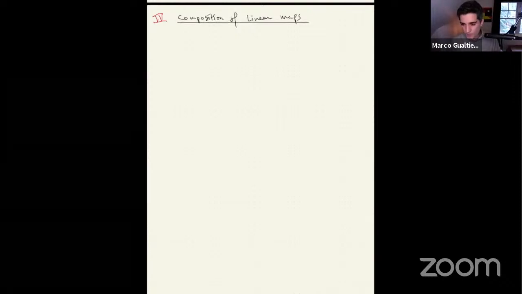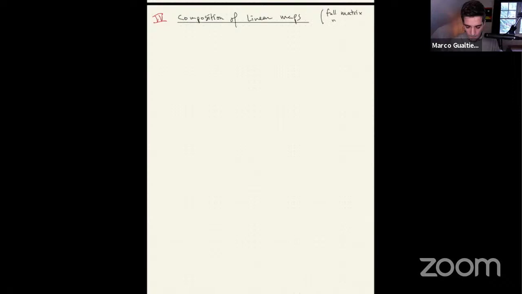Okay, so this is full matrix multiplication. So in other words, it's multiplication of a matrix with a matrix, not a matrix with a vector.